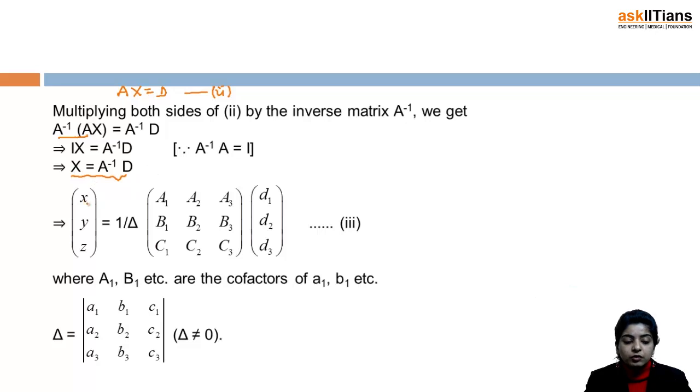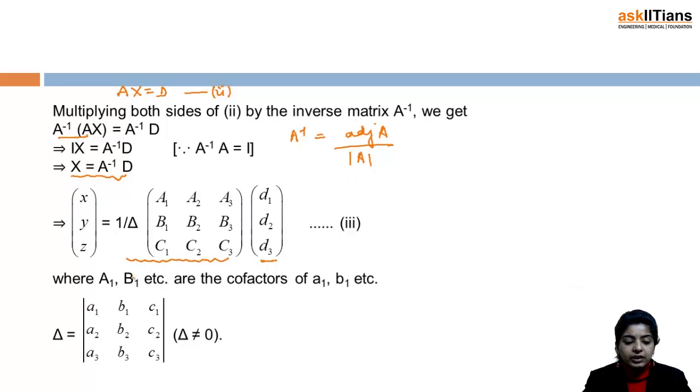This X was, if you remember, the matrix of variables. So we have x, y, z equal to A inverse D. Now A inverse we know would be this. This is A inverse into D was this. Now A inverse we know, in inverses we have discussed, A inverse is adjoint of A divided by determinant of A, and adjoint of A is the transpose of the matrix of cofactors.